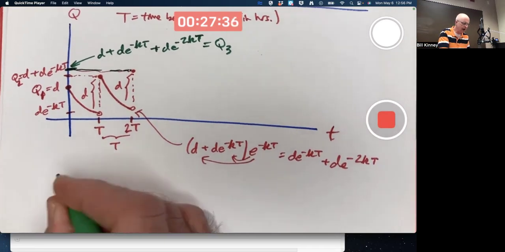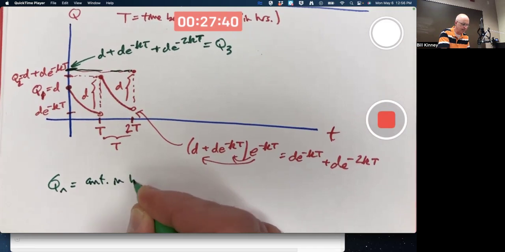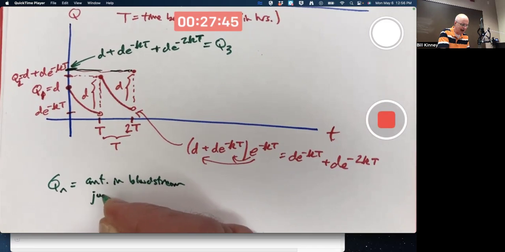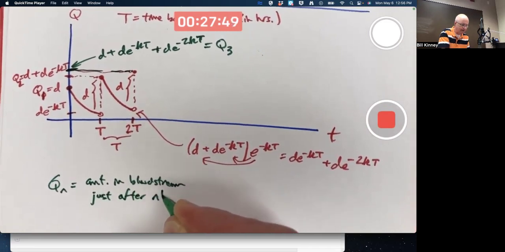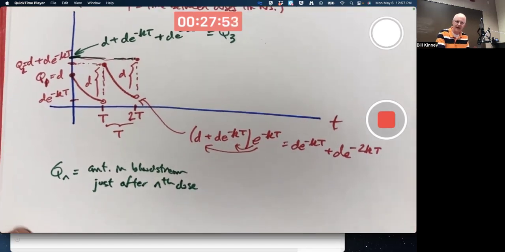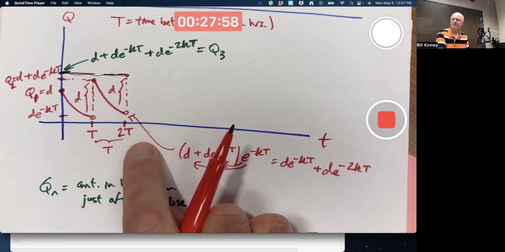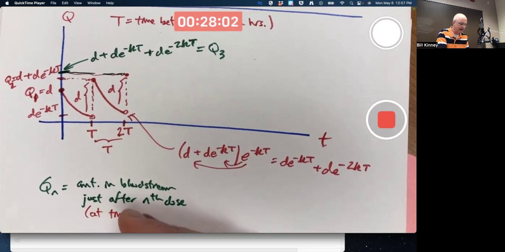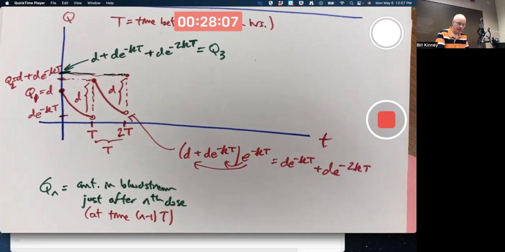In general, Qn, the amount in the bloodstream just after the nth dose, which will, if you look at the pattern here, like the third dose is at time 2T. The fourth dose would be at time 3T. This is at time n minus 1 times T. Follow the pattern.